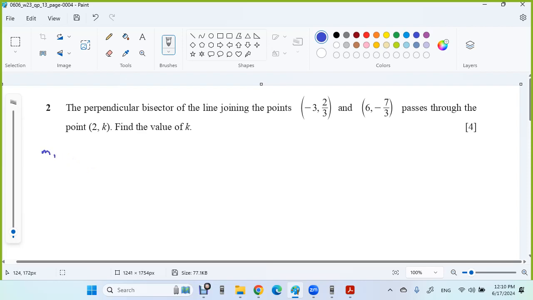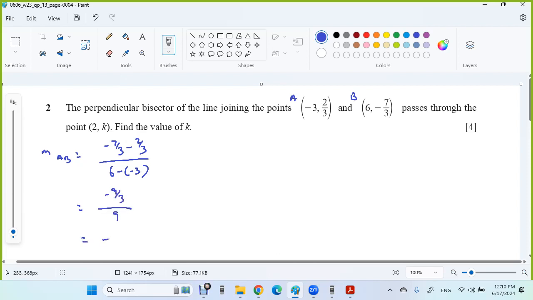So this is the gradient of these two points. I'll call them A and B, then this will be the gradient of AB. It will be negative 7 over 3 minus 2 over 3, over 6 minus negative 3. Then we will have negative 9 over 3, over 9.